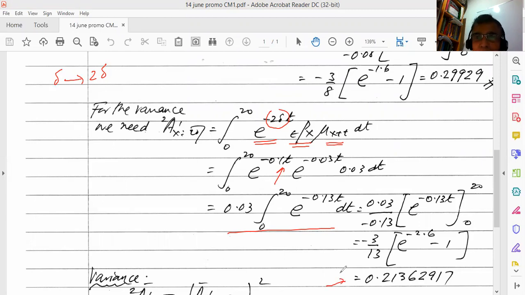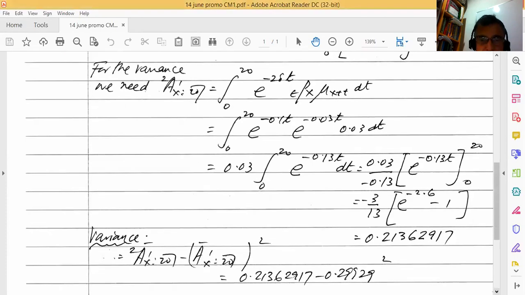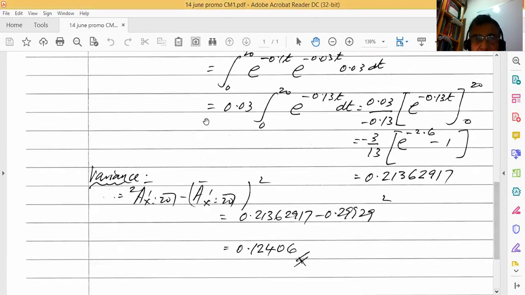Now all you have to do is find the variance: your second moment minus your first moment squared. I've done that here for you, and you'll get your final answer 0.12406, and we are done.